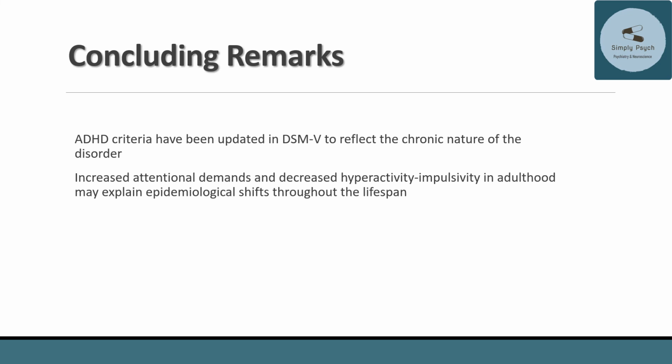And if you're somebody who had ADHD or symptoms of ADHD in childhood and you weren't diagnosed, as you go through life and the demands increase, your dysfunction can also increase. And so that could be a reason why we're seeing that increase in ADHD diagnoses in adults.